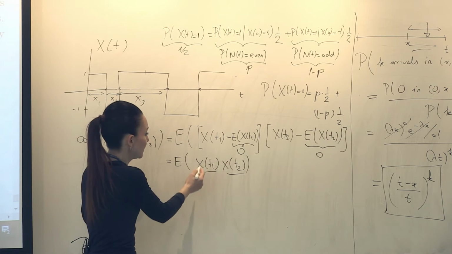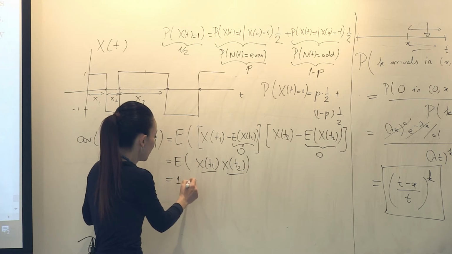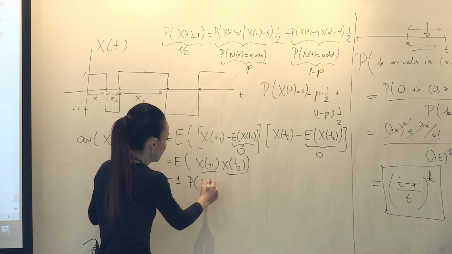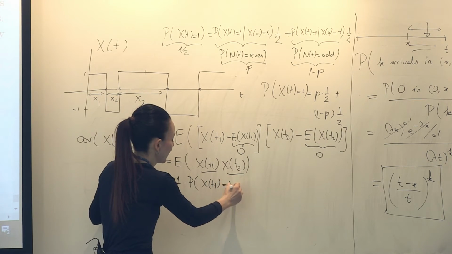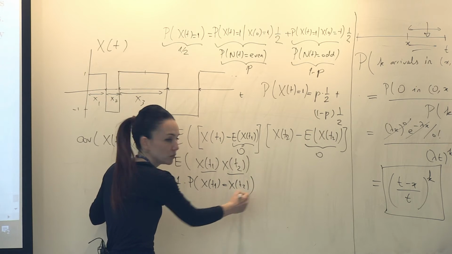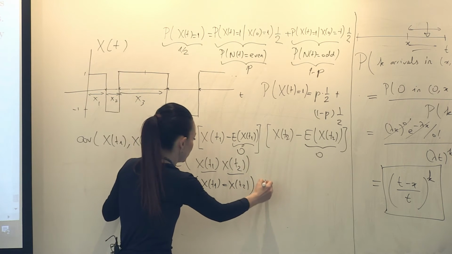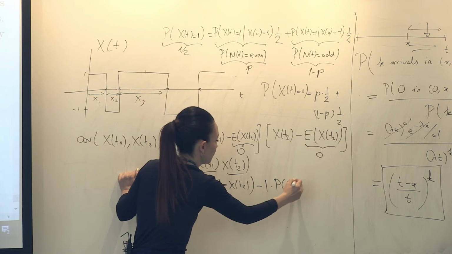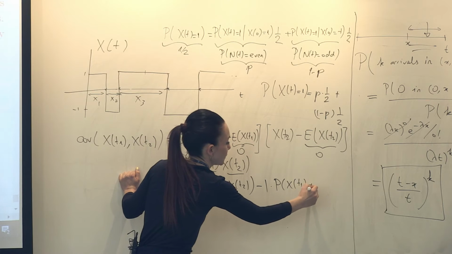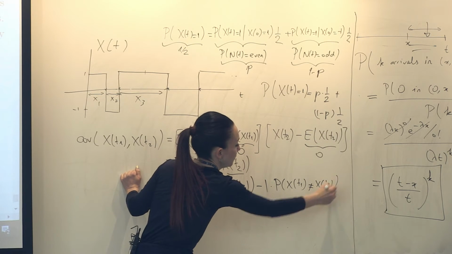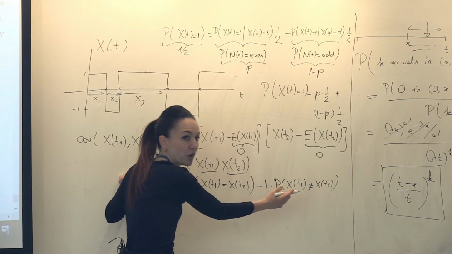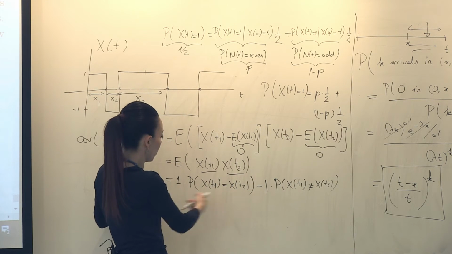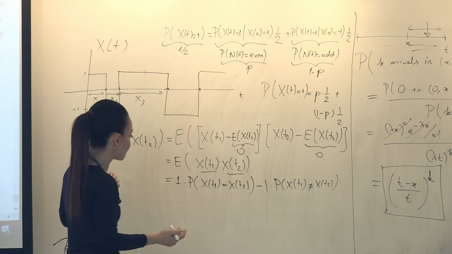And so basically this is 1 times the probability that x of t1 is equal to x of t2 minus 1 times the probability that x of t1 is different from x of t2. Do you agree? Because if they're different, the product is -1. I get a -1 contribution. If they're equal, the product is 1.